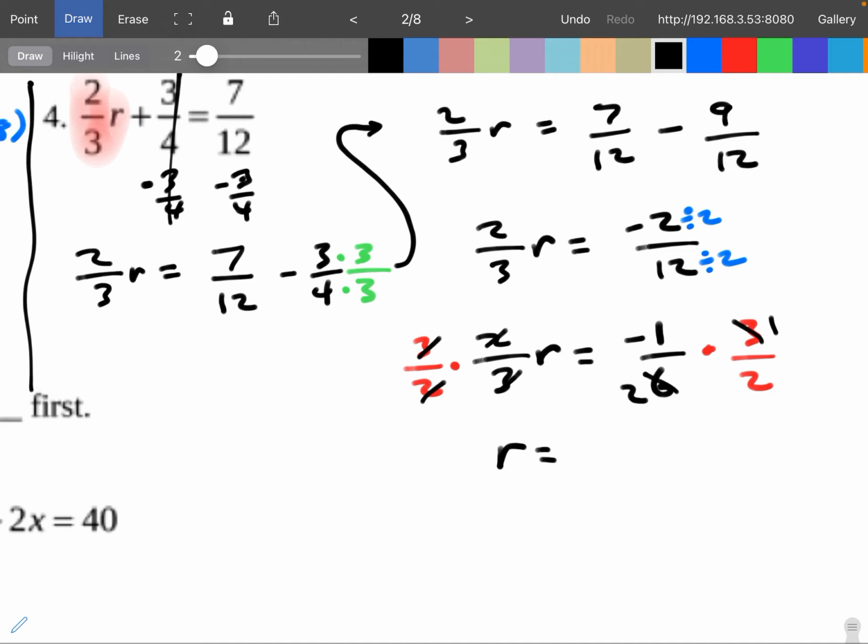That's a 1. What's 6 divided by 3? 2. So now if I multiply straight across the numerators, I get -1 times 1. That's -1. And in the denominators, I've got 2 times 2, which is a 4. So after all that, I get r equals -1/4. So that one was a lot of work.